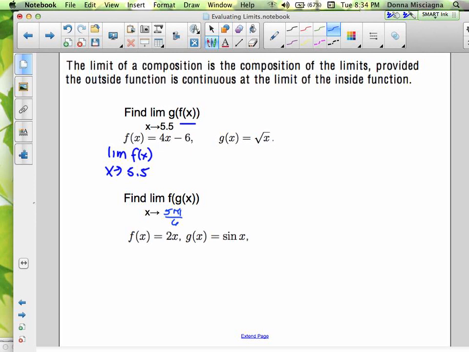That's going to be equal to 4 times 5.5 minus 6. It's linear, so we can use direct substitution. So this would be 22, because 4 times 5 would be 20.